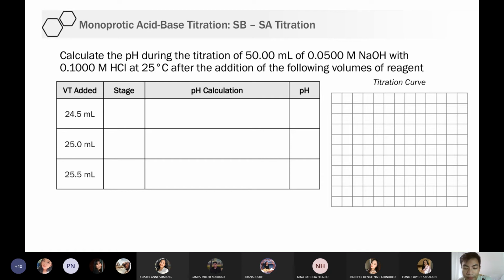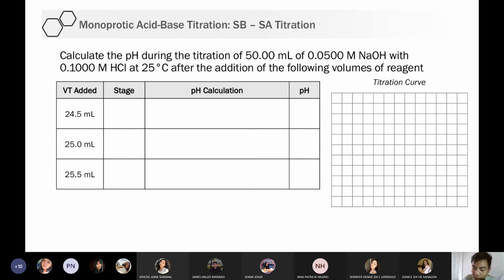Okay? Ano gagawin mo? Di kung ano yung ginagawa natin, ganun pa rin. Alamin mo yung equivalence volume. Equivalence point volume. Okay? Again, yun yung una mong gagawin. Alamin ang equivalence point volume. Okay? So, yun lang muna gagawin nyo.